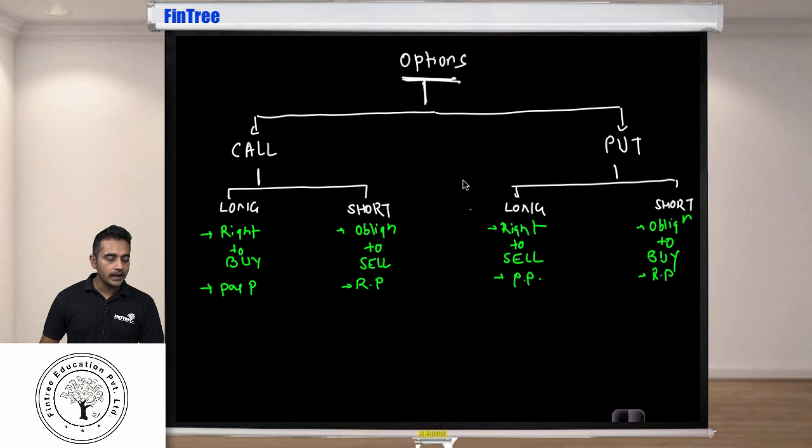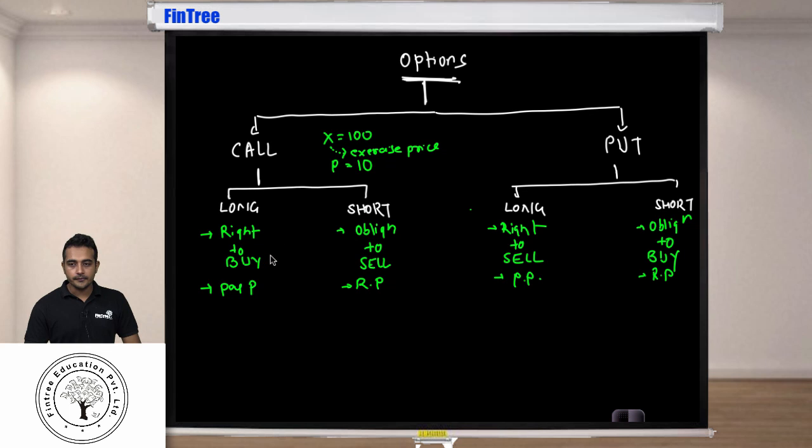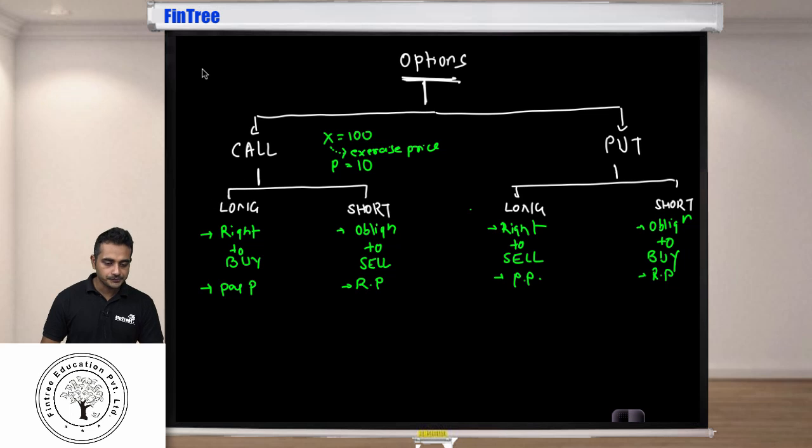So let us say we are looking at an example where the strike price is 100. This strike price is also called the exercise price. So strike price 100, premium of 10. Now let's look at different scenarios for an underlying asset.